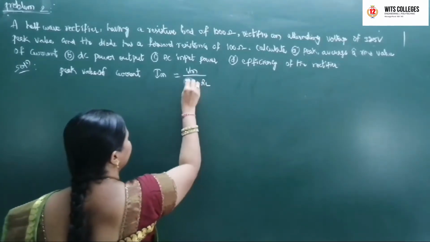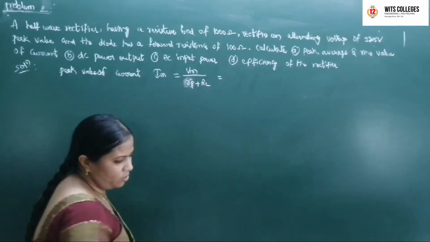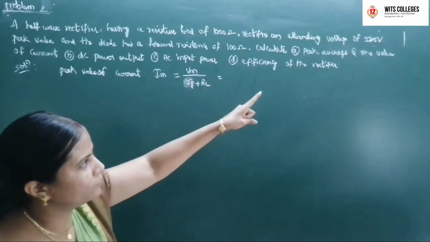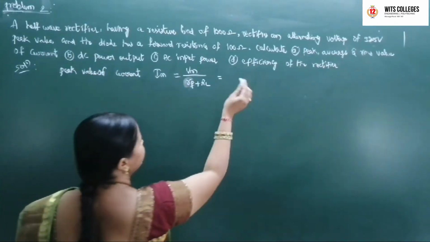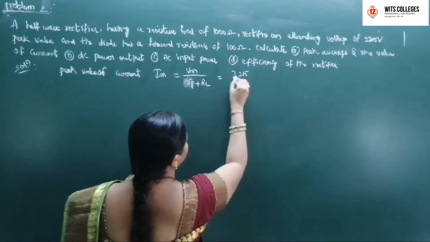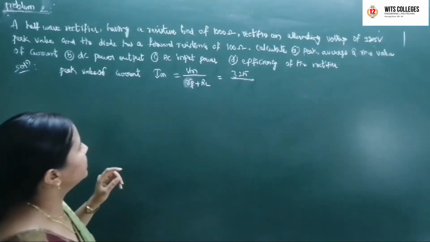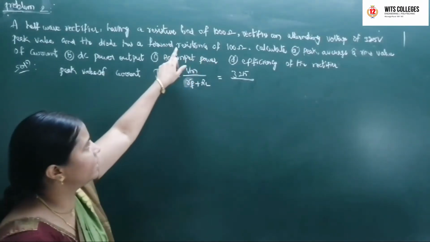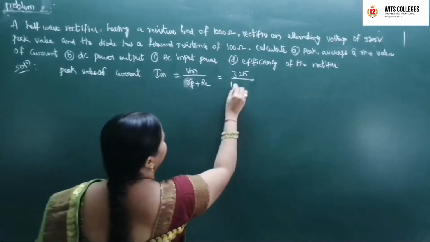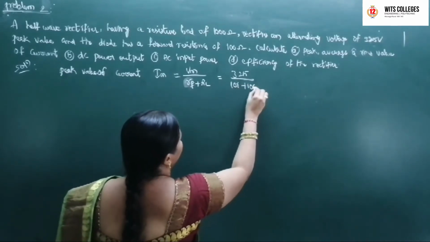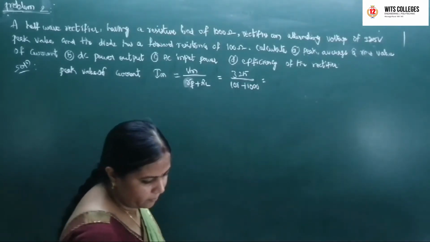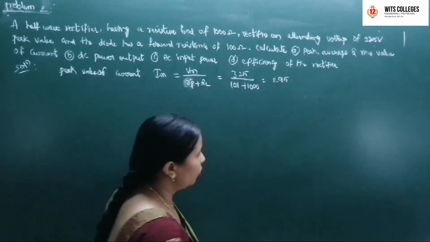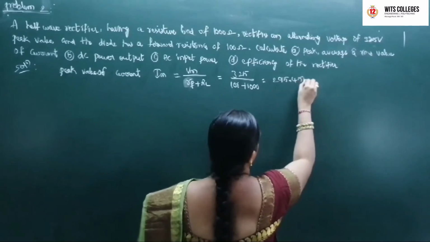The Vm value is 325 volts by the forward resistance of 100 ohms plus the load resistance of 1000 ohms. So you will get 295.45 milliamps.